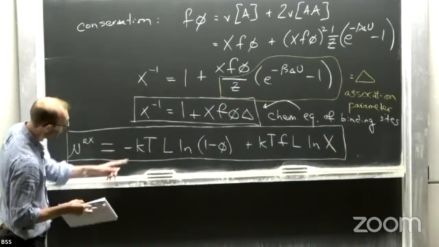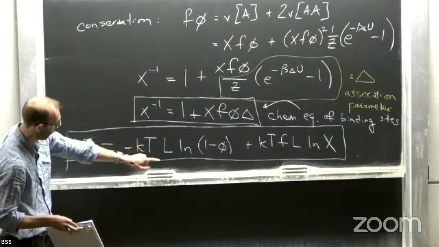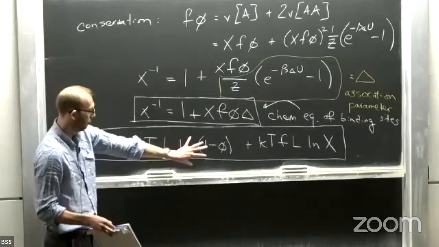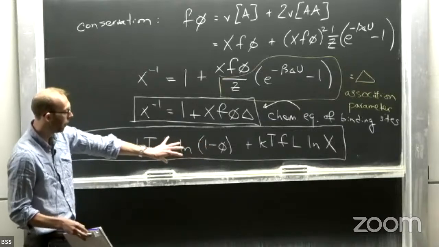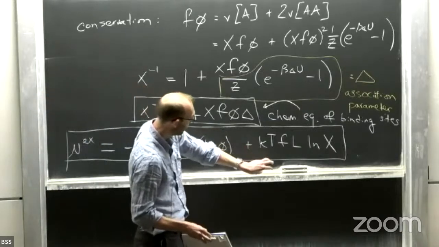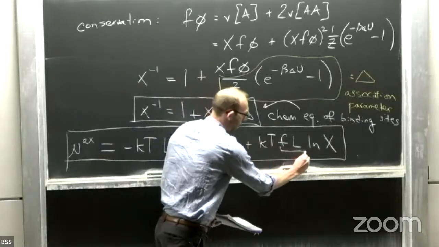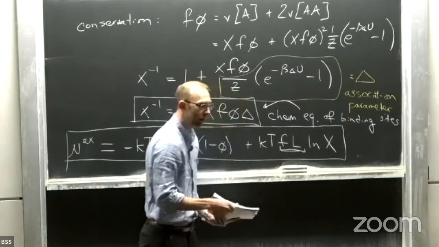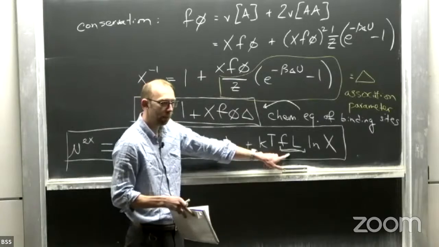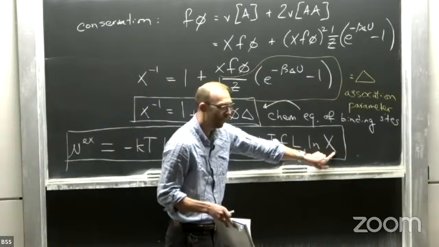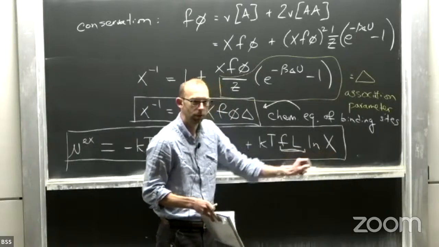It says that we have the initial contribution from not putting monomers on top of each other, but everything to do with forming bonds simply goes like the total number of monomers that have binding sites on any given polymer times the logarithm of the available binding site fraction.